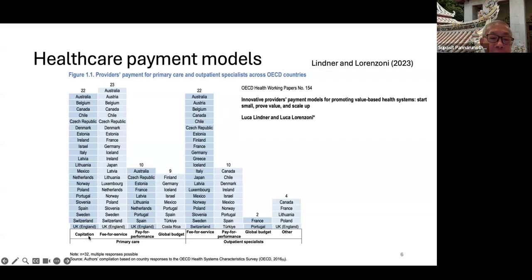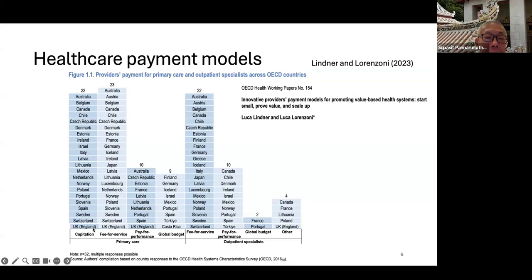We can see that there are many alternatives of payment. This one is the capitation, and it can be a mix of payment methods.